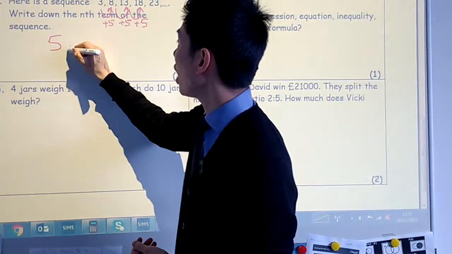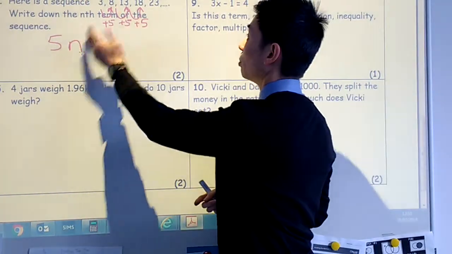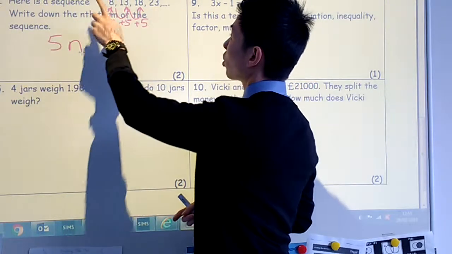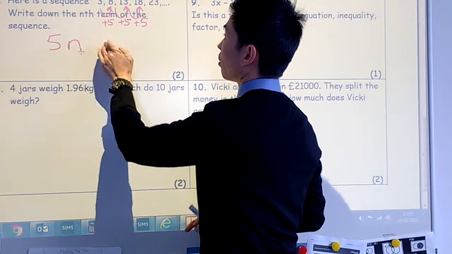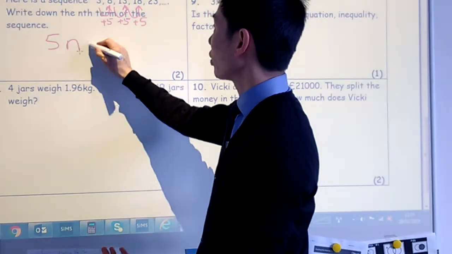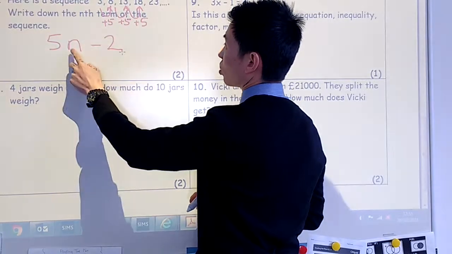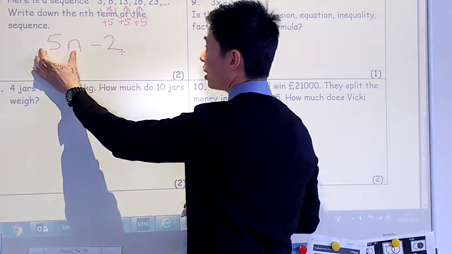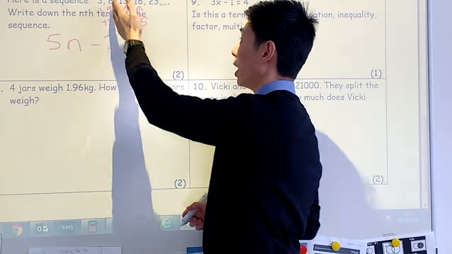So 5 times n. Okay, n stands for which number term you're looking for. So if I'm looking for term number 1, n is 1, 1 times 5 is 5, but I want 3, so I have to take away 2. Okay, try this again. I want the second term, so 2 times 5 is 10, but I want 8, so 10 must take away 2 to make 8.